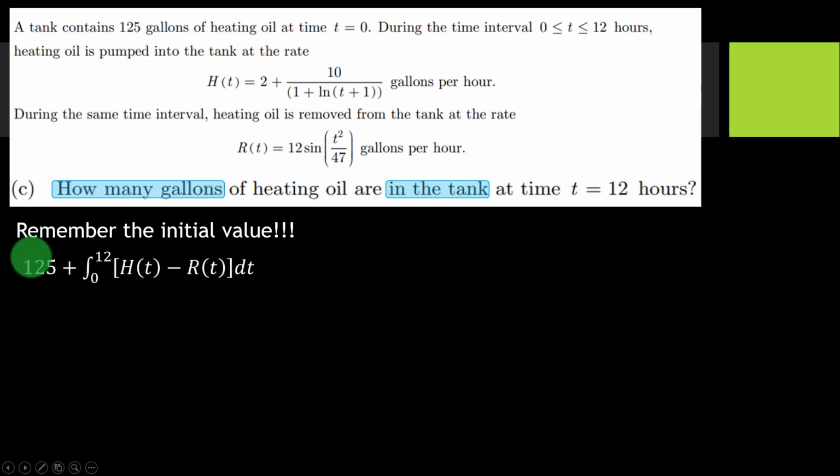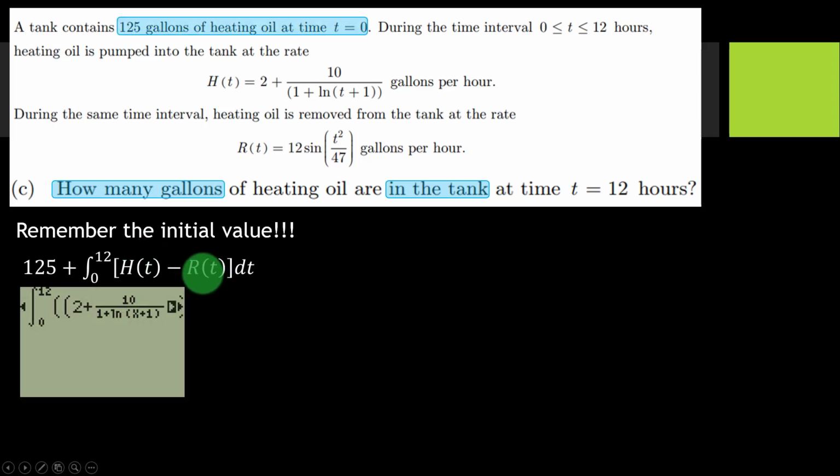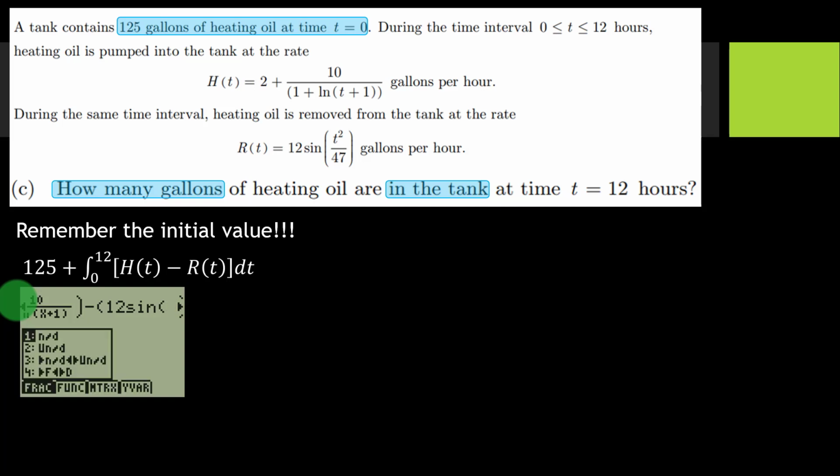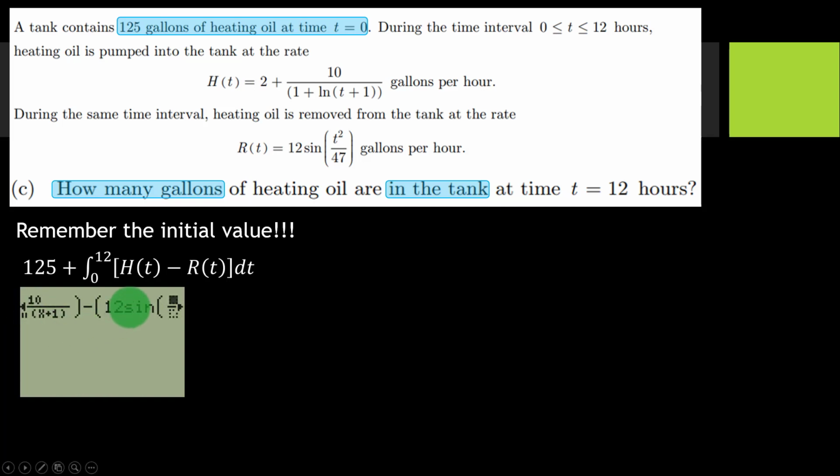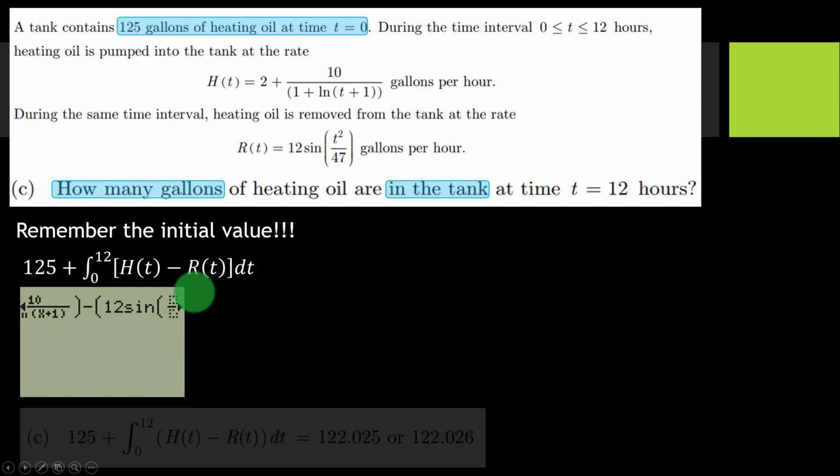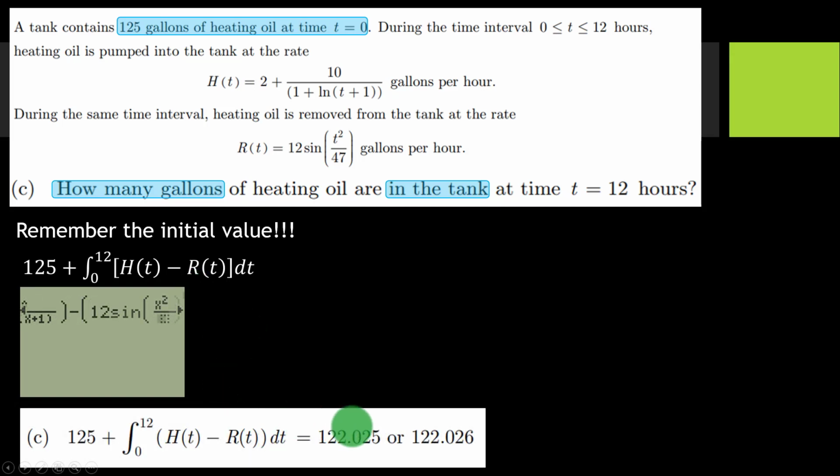So it'll be the initial value, 125, plus the integral from 0 to 12 of rate in minus rate out. And we can show this. We will get, eventually, 122.025 or 026, depending on whether you truncate or round.